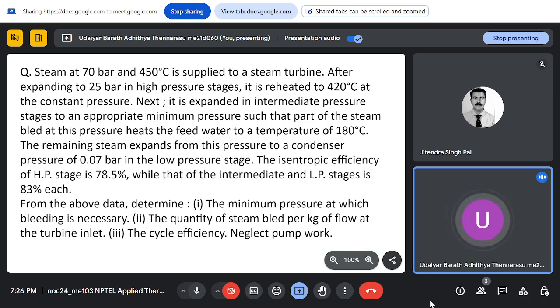The remaining steam expands from this pressure to a condenser pressure of 0.07 bar in the low pressure stage. The isentropic efficiency of the high pressure stage is 78.5%, while that of the intermediate and low pressure stages is 83% each. From the above data, determine the minimum pressure at which bleeding is necessary, the quantity of steam bled per kg of flow at the turbine inlet, and third, the cycle efficiency. You can neglect the pump work.